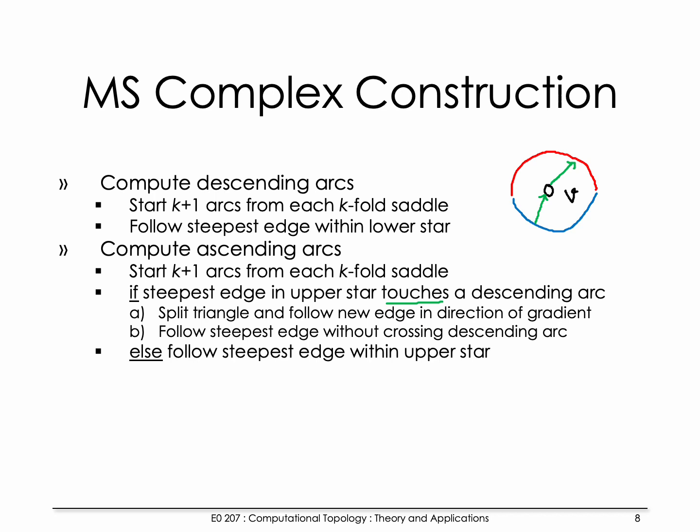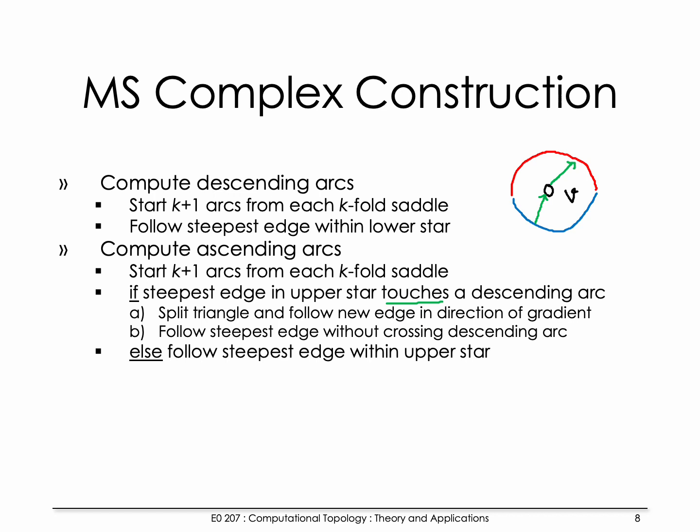If it doesn't touch any descending arc, then we are fine. However, if it touches a descending arc, then we need to do something different. And what do we do? We split the triangle that contains this edge and follow the new edge in the direction of the gradient, right?